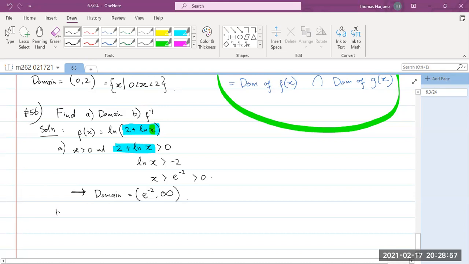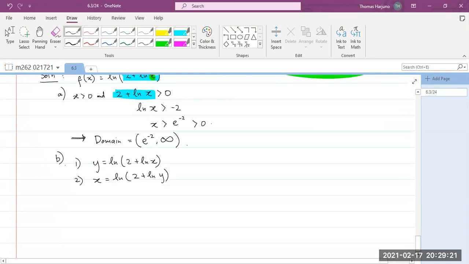Part B. If I want to find the inverse function, the first step is to replace f(x) with y. The second step, we swap x and y. The third step, solve for y.